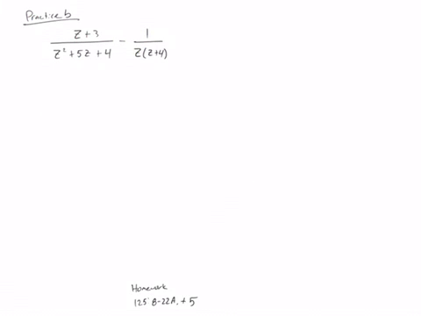Let's try another one. And this one's going to actually require us to do a little bit of factoring first. Because it's kind of hard to see what factors are in the denominator of this first one, we're going to practice our skills that we practiced yesterday, and factor that. So this is going to be z plus 3 on the top.